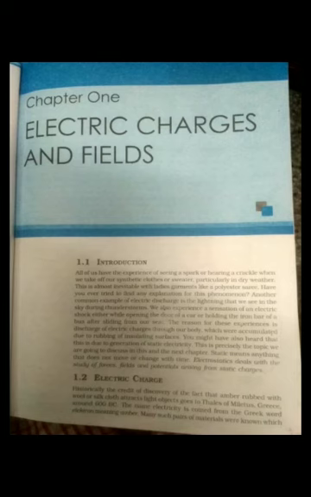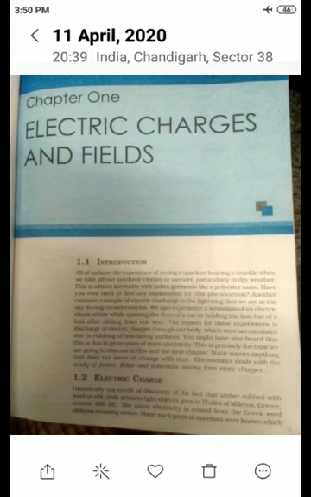First, why do we see a spark or hear a crackle sound when we take off our synthetic shirts or nylon sweaters in dry weather? Why do we feel a sensation of electric shock while opening the door of a car or when we try to hold the iron bar of a bus after sliding from our seats?